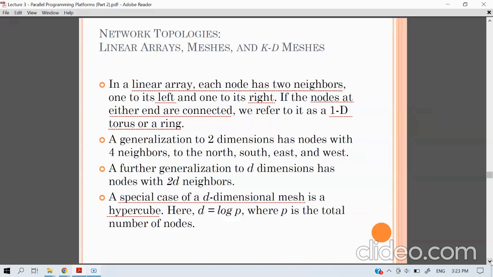Further generalization to d dimensions has nodes with 2d neighbors. As the dimension grows, more nodes are needed to construct it. A special case of a d-dimensional mesh is called a hypercube, where d equals log P, and P is the total number of nodes.